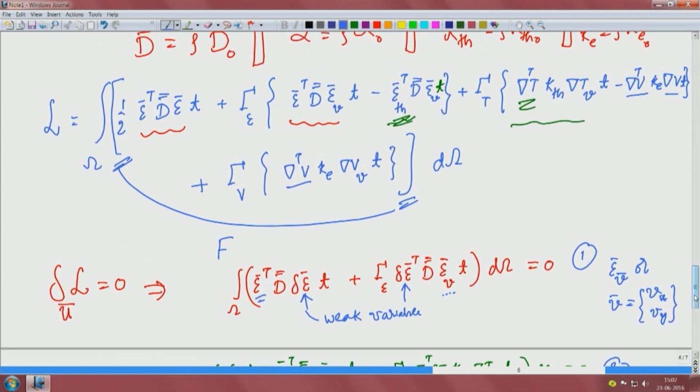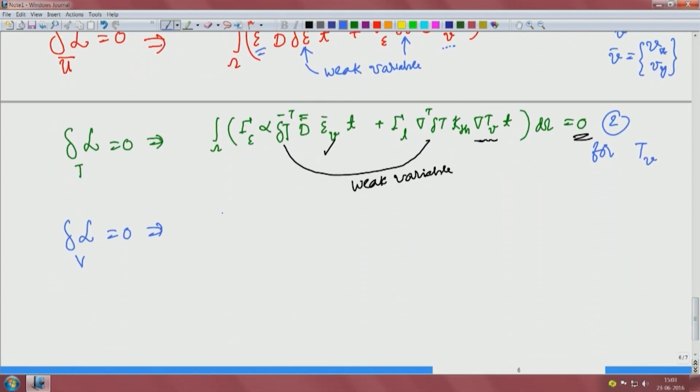So, the first one, we have to scroll down the screen, let us remember this is gamma t times minus del transpose del V Ke del V, that will be a quadratic term. So, there will be 2 times this, okay.